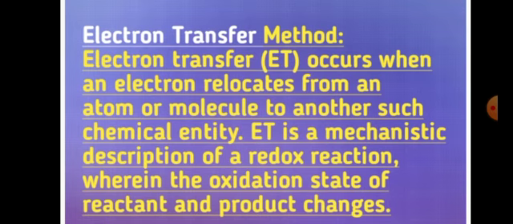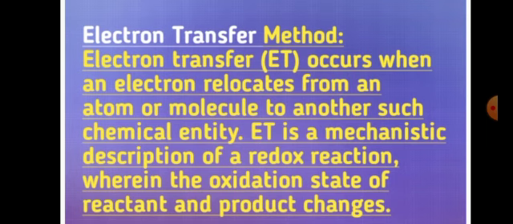So you can also describe your redox reaction in terms of the electron transfer method. So there is also another method to explain the redox reaction. You can explain redox reaction using this electron transfer method, and for this you should be very clear with that valency charge concept, right?